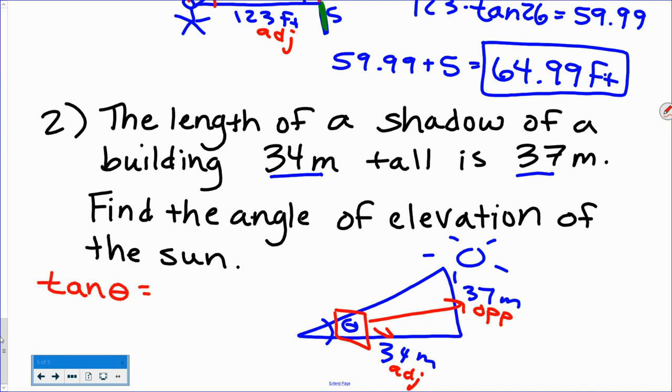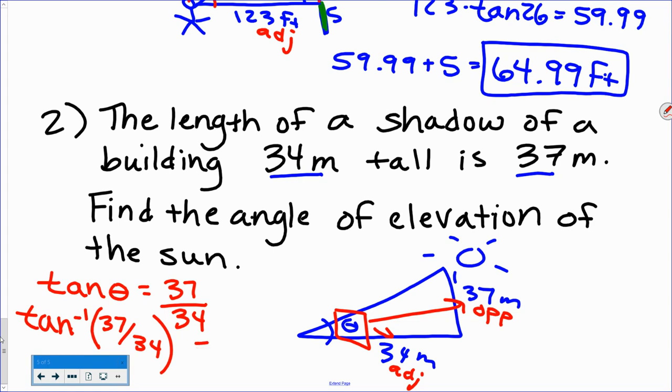So tangent of theta would equal, the opposite side is 37, the adjacent side is 34. If I'm calculating theta, I need to use inverse tangent of my ratio. All right, if you type that in your calculator, you should get about 42.58 degrees.